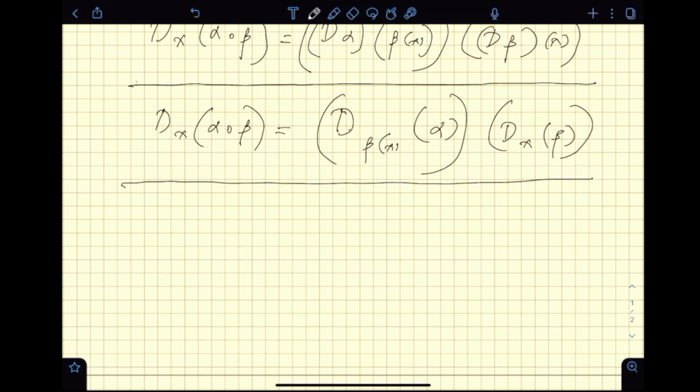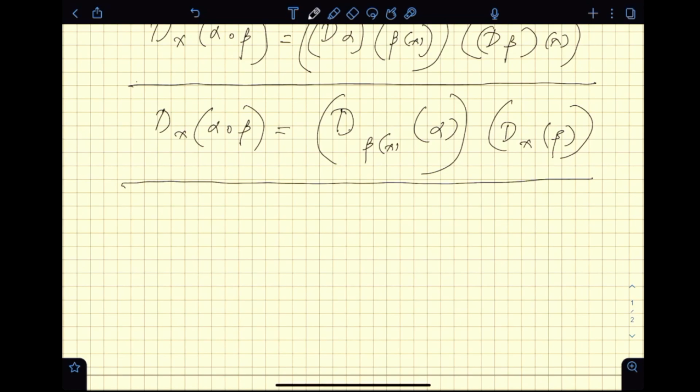Problem 1A is precisely the kind of thing that we discussed. Compute the derivative at the point A of alpha composed with beta by direct substitution. That means you have to compute alpha composed with beta and find the derivative at the point X, and you will get some sort of a matrix.